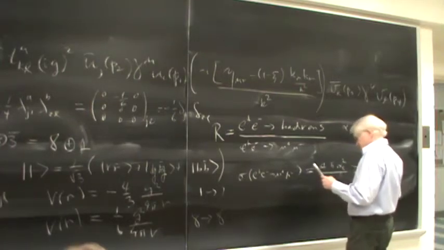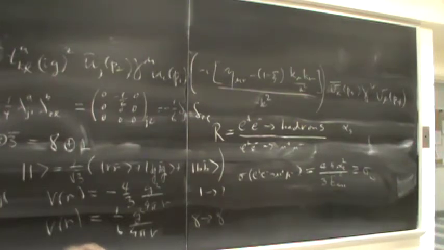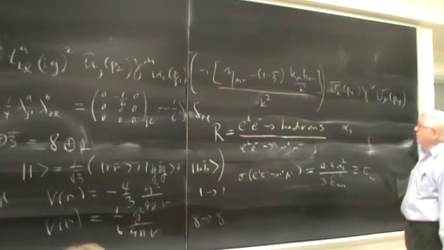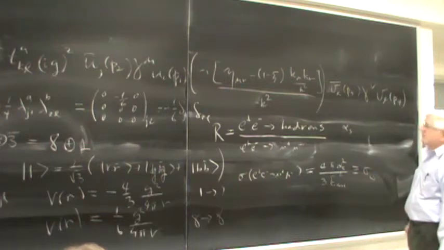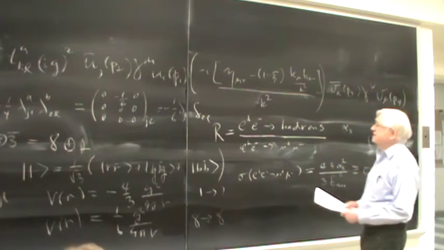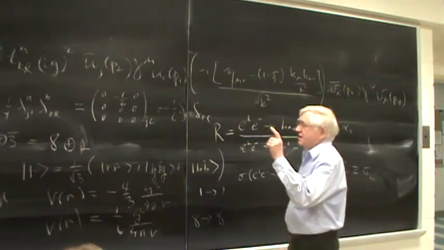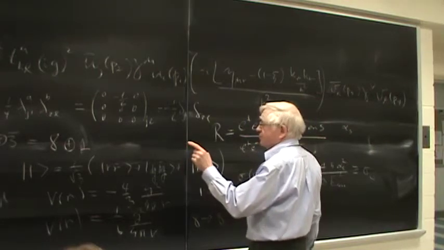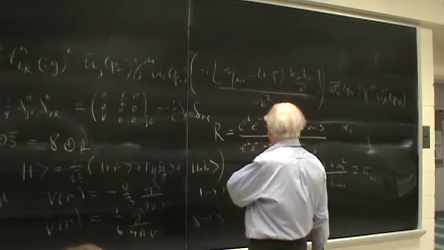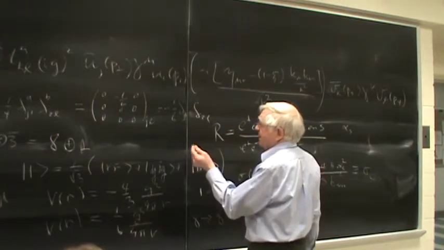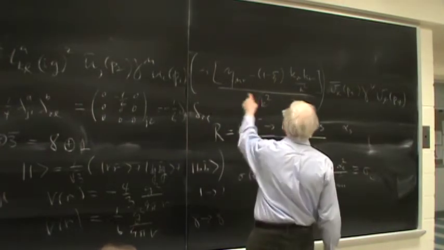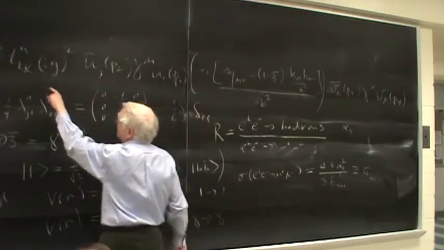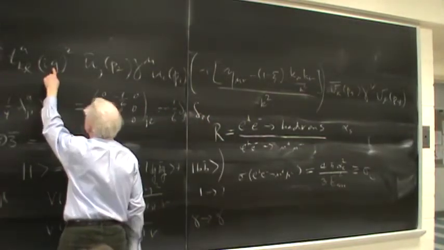And we can call this sigma 0. Now, if instead we're doing the quark thing, let's just notice that if we were doing e plus e minus goes to mu plus mu minus, we'd have the same thing up here, except we wouldn't have any color factors and we'd have e's here.